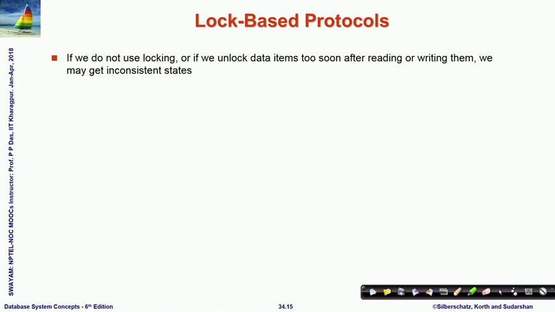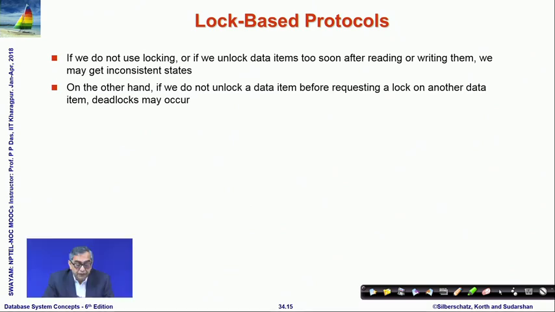This is what we have seen. On the other hand, if we do not unlock a data item before requesting a lock on another data item, that is, if we hold it for a very long time, then deadlock may occur. So, if we do it too soon, we have the problem of inconsistent state. If we hold it for too long, then there could be a problem of deadlock.